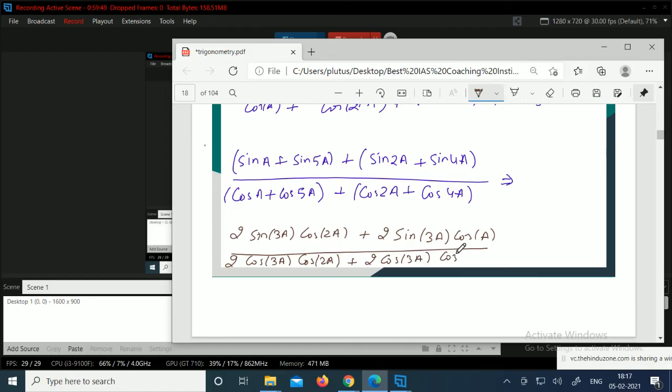and cos A. Now if I take common, what is the common factor from the numerator? 2 cos 3A, and inside cos 2A plus cos A. After taking 2 cos 3A common from here and here, what is left out is cos 2A plus cos A, isn't it?